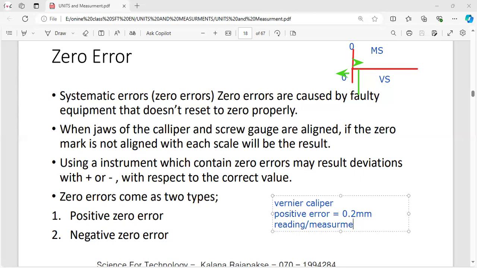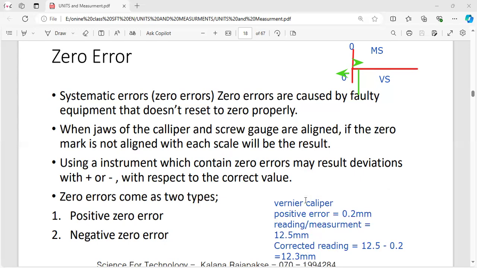Let's say our measurement is 12.5 millimeters. Now, obviously, the reading is incorrect, because 0.2 millimeters is already added to this value. So what is going to be the corrected reading? The 12.5 has to be reduced by the positive error, so it is going to be 12.3 millimeters.